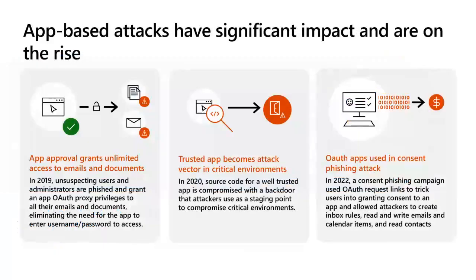As we've seen in recent years, there's been an increase in app-based attacks. So in 2019, for example, we saw that app identities were compromised due to unsuspecting user error. This unknowingly granted wide-ranging and inappropriate access. In 2020, we saw that trusted apps with broad adoption were targeted by bad actors.